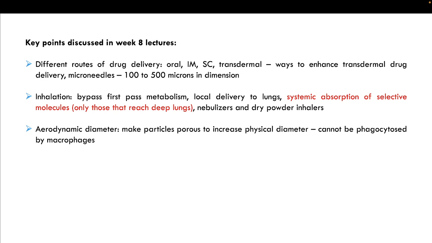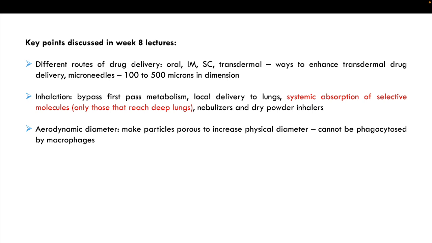This is nothing but, let's say you have your drug particle, and this is an imaginary, a theoretical concept, this is not a physical concept. So you imagine you have a sphere which has the same settling velocity as your particle. Settling velocity is nothing but the maximum speed at which your particle will travel if you put it in a fluid under the influence of gravitational force.